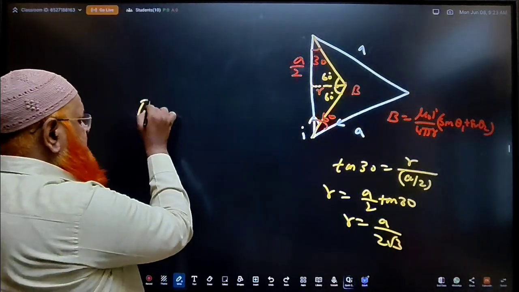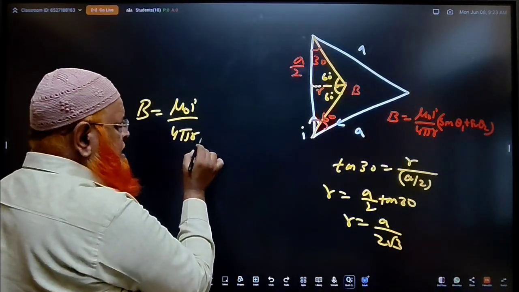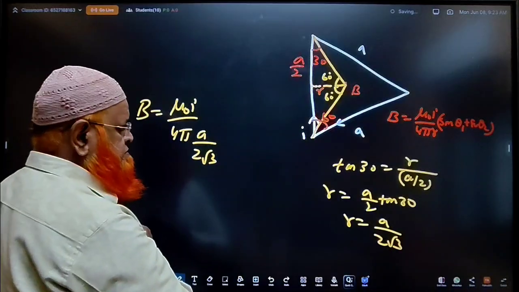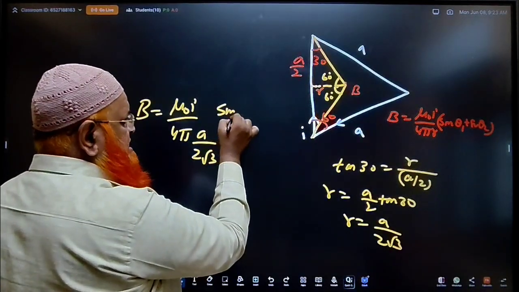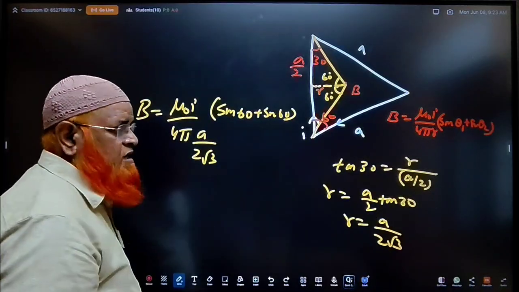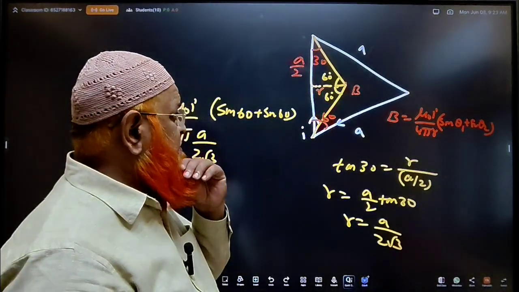Next, I am going to apply the formula B is equal to mu naught I by 4 pi R. Instead of R, I will write A by 2 root 3. And this is sin 60 plus sin 60. Understood? Why sin 60 plus sin 60?